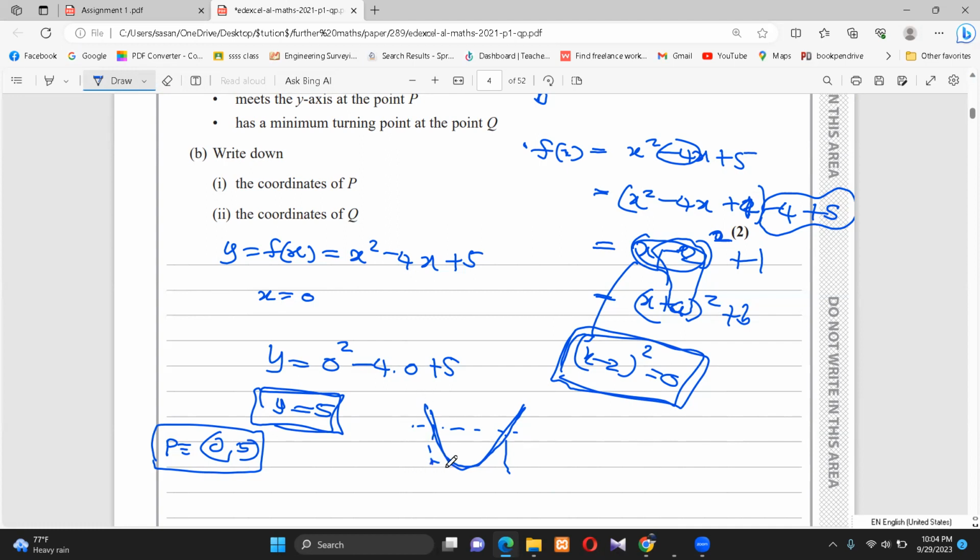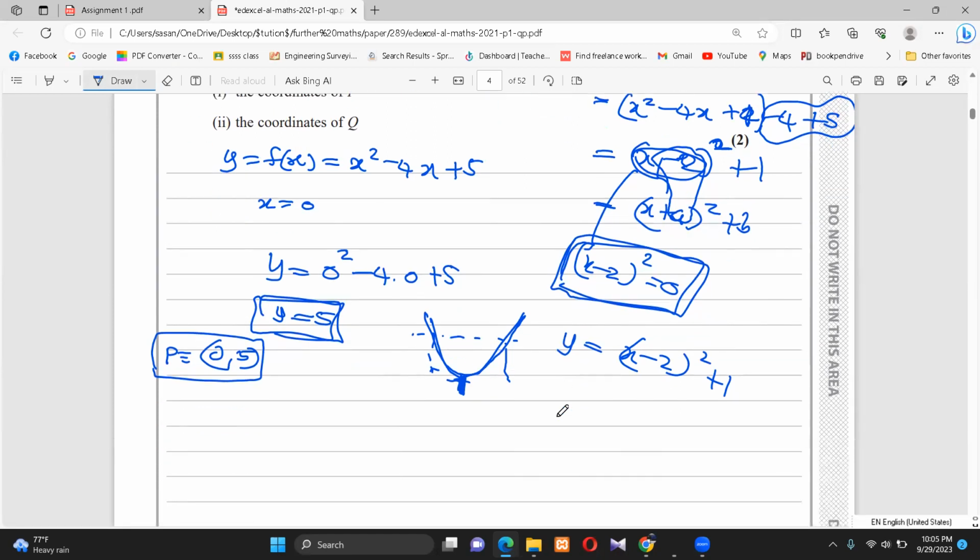But when we talk about the vertex, it is something quite different, because all these are together. At the vertex, these two x values coincide. So that's the point we are looking for, because we are looking for the vertex, right? I'll show you an example.